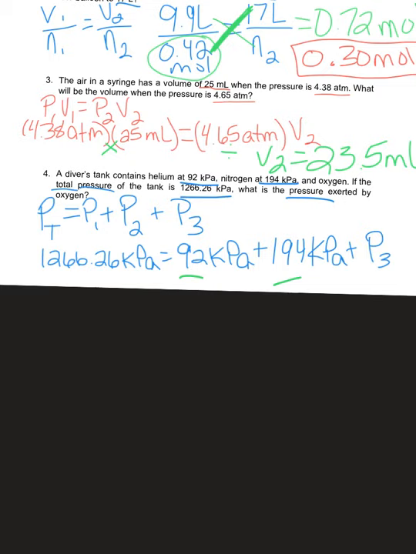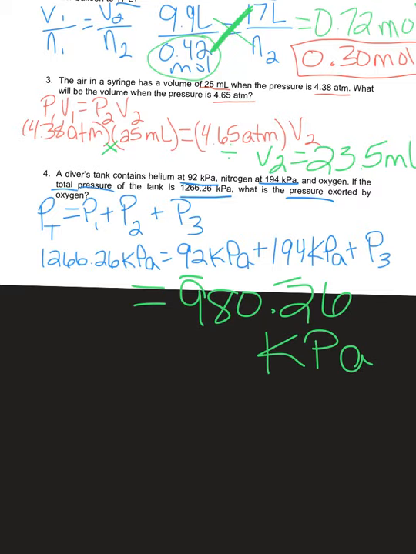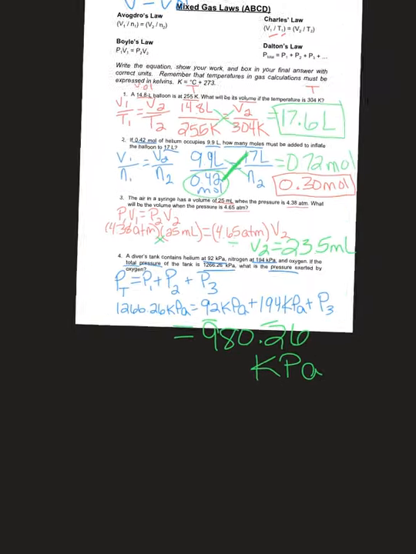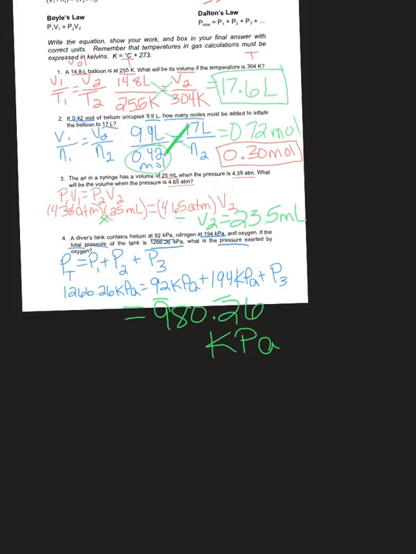And we're left with 980.26 kPa. That's as complicated as Dalton's law is going to get. It's very simple, addition and subtraction.